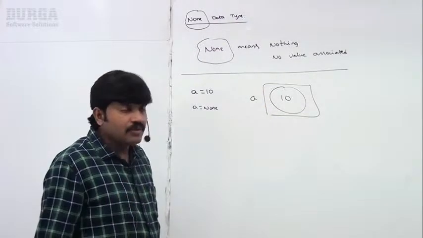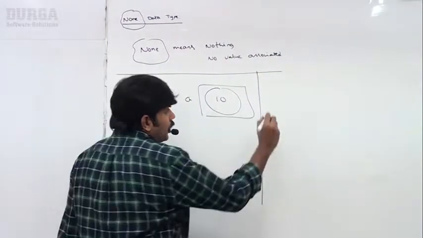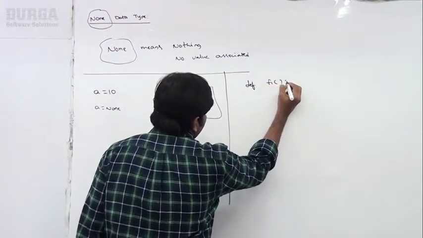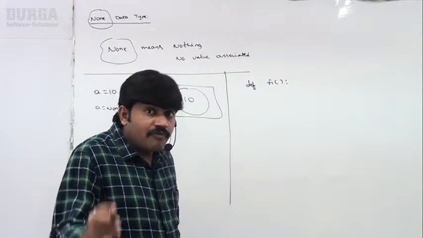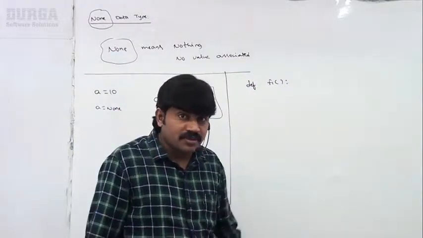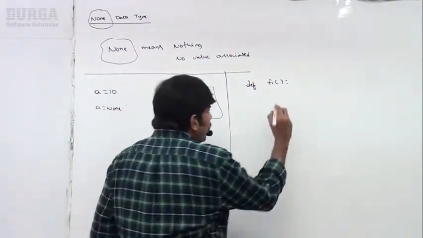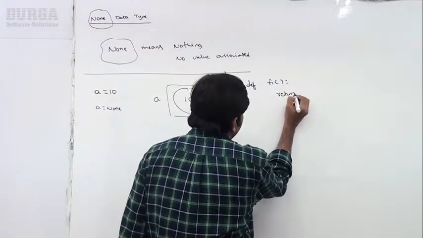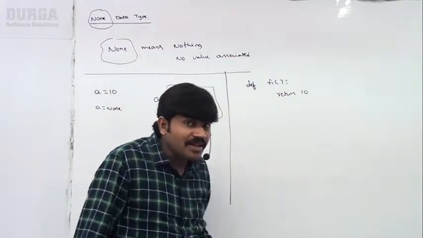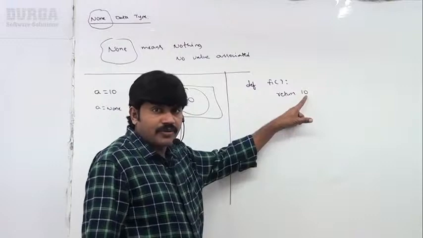Okay, one scenario. Next, observe very carefully about this one. Suppose I have def f1. In Python the functions concept is there. Functions are a separate topic we are going to discuss soon. Sir, I have one function def f1, and I'm taking return 10. If I call this function, what value am I going to get? 10.